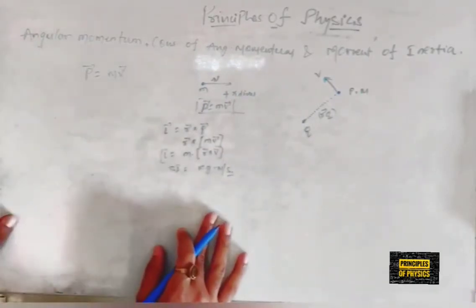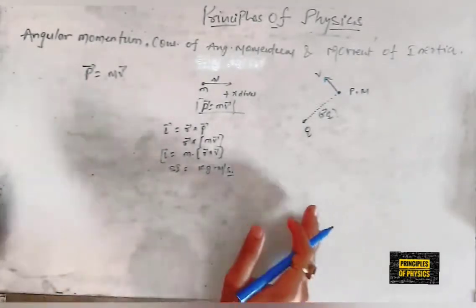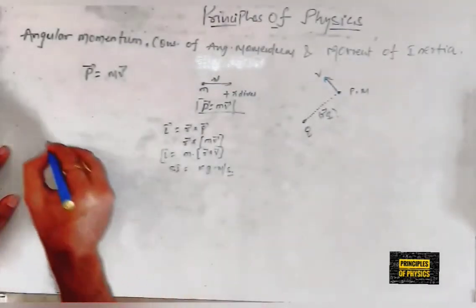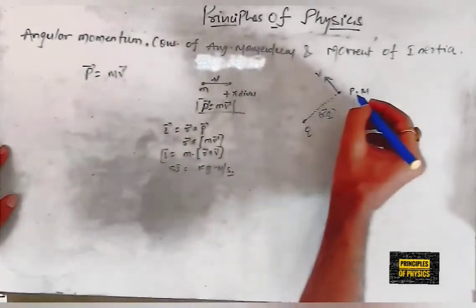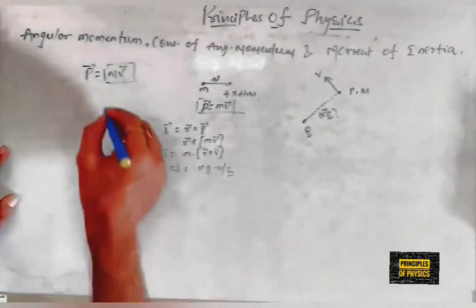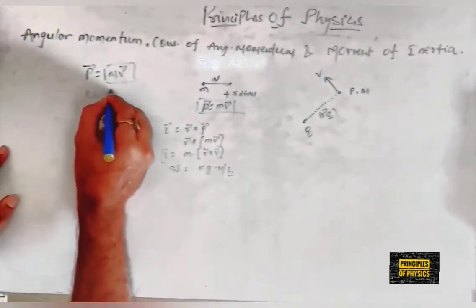Now we will move to the difference between linear momentum and angular momentum. What's the basic difference? In the case of linear momentum, the body moves with velocity v, and irrespective of the reference point, it always remains constant.